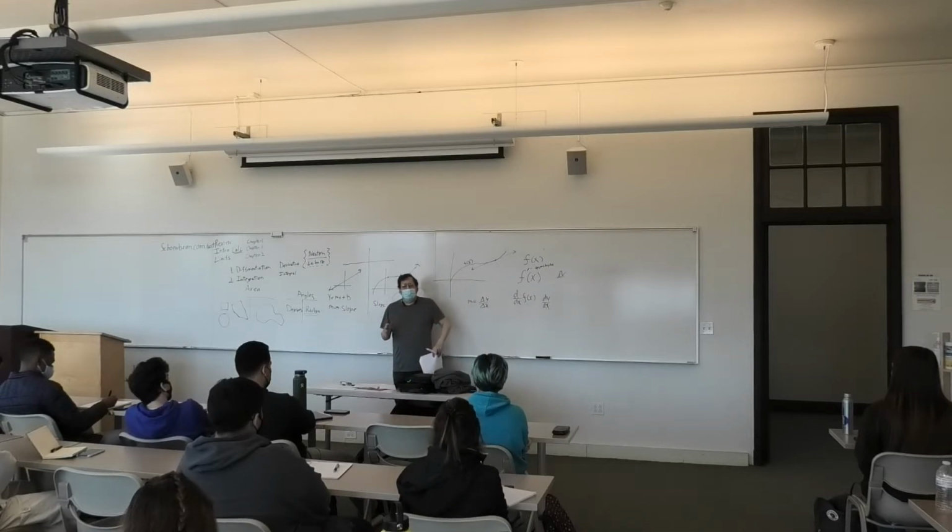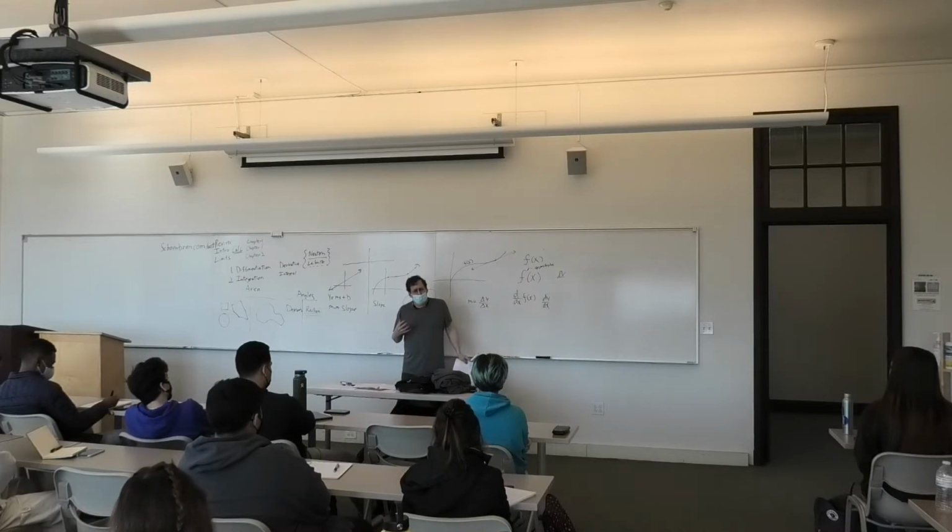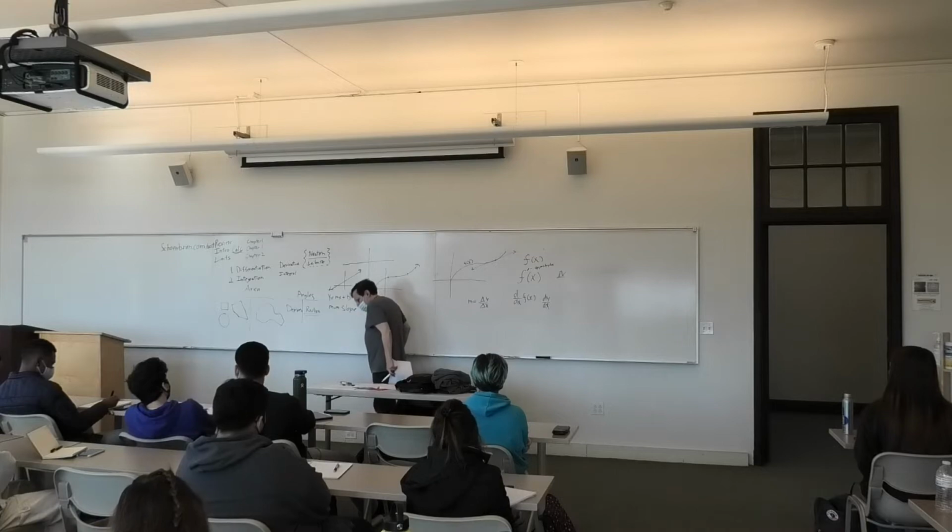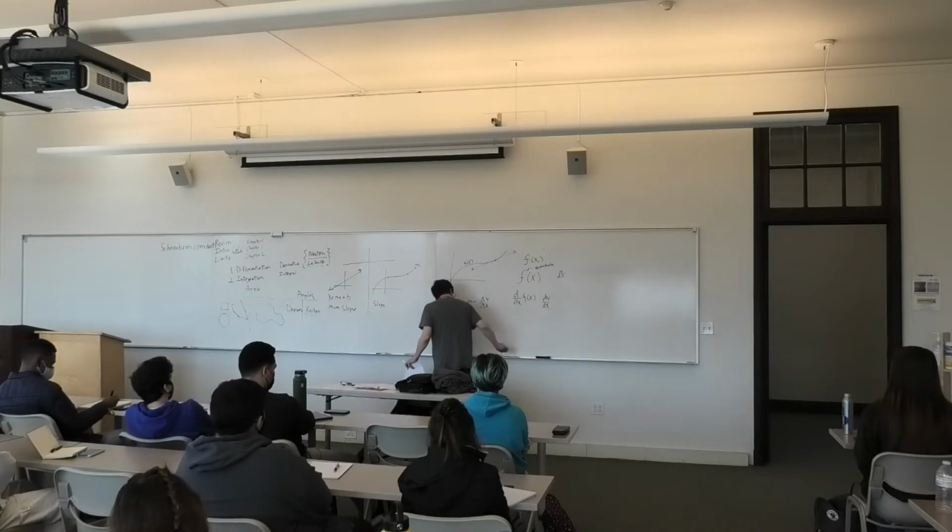I want to look at some very basic derivatives, even though we really don't have the mechanics yet. But there are some derivatives we can look at and discover some things.